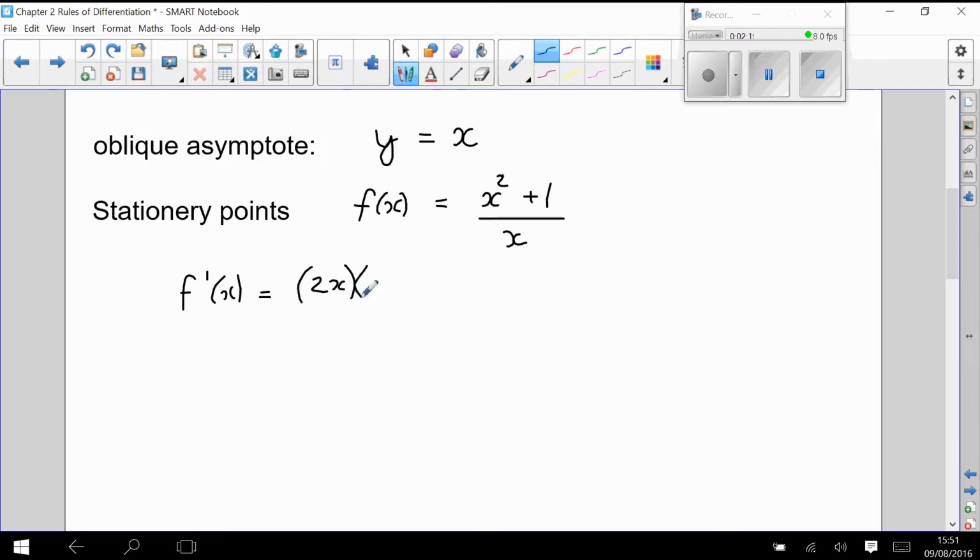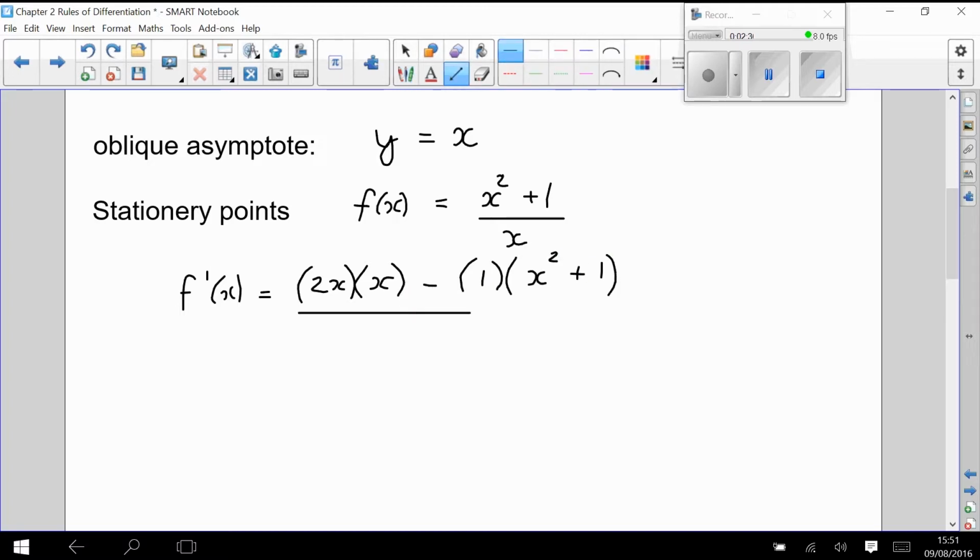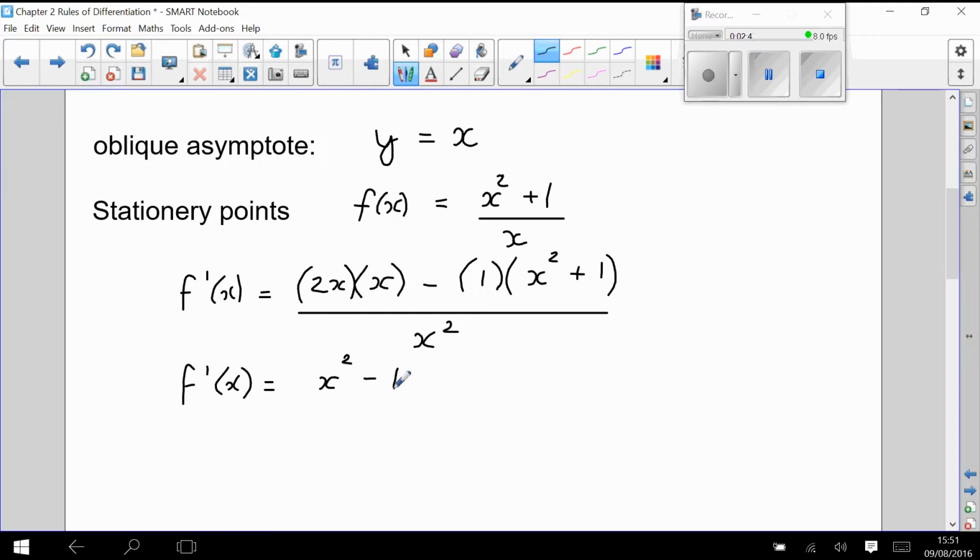And I times that by the bottom function, which is x, minus the derivative of the bottom function, all times by the top function as it was. And that must be divided by the bottom function all squared. So I divide that by x squared. When I simplify this, I find that the derivative of the function is going to be 2x squared minus x squared. So that's going to be x squared minus 1, and that's all over x squared.